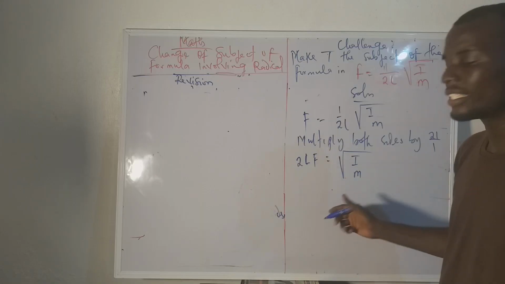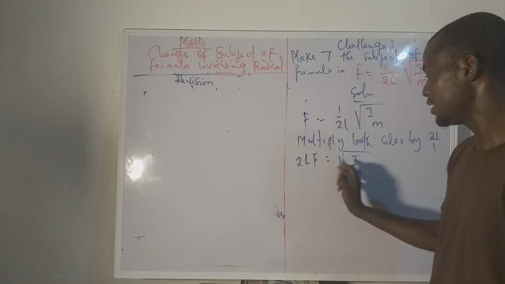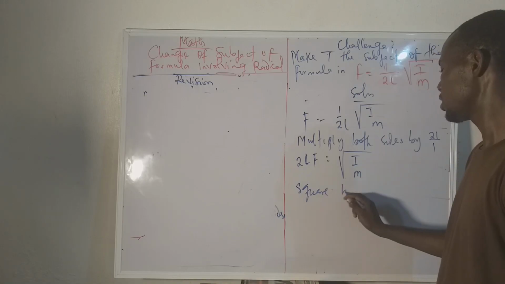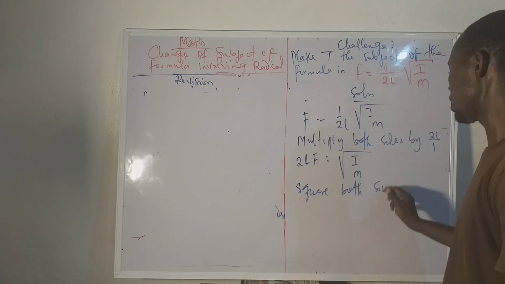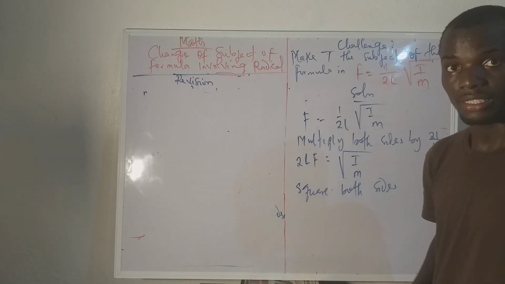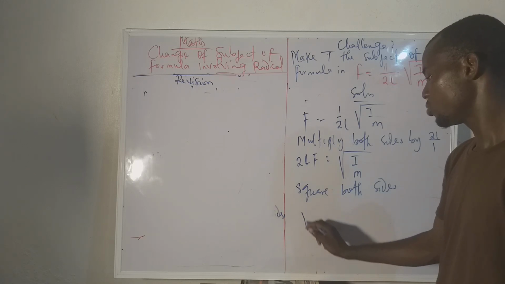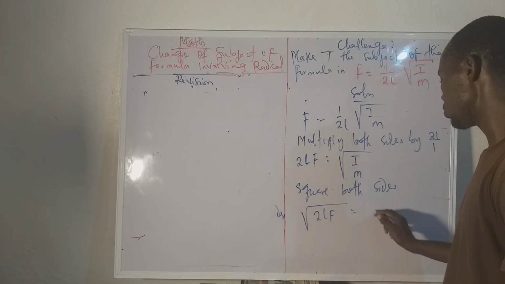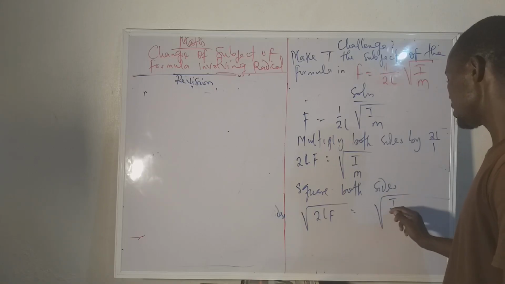And how do we clear the radical? We do the reverse by saying square both sides. So we are going to square this, 2Lf, and we also square this, t over n.